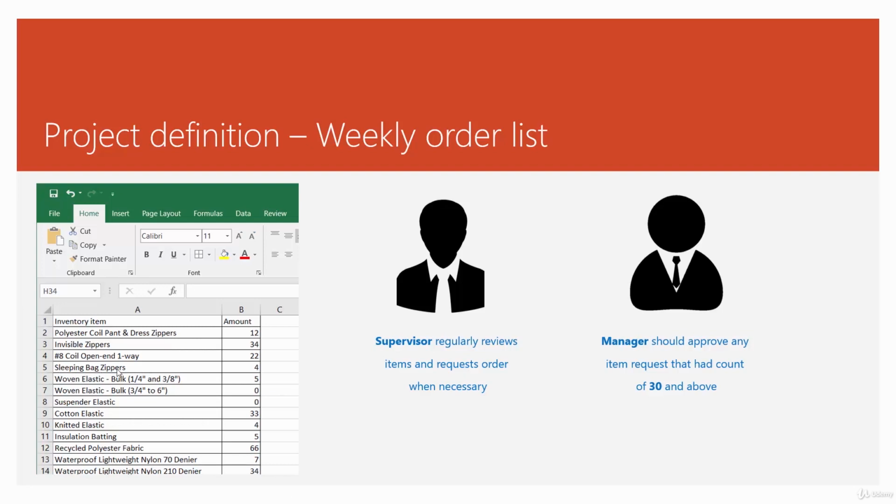It should be automatically added to the order list. But if this guy all of a sudden requests 100 sleeping bag zippers, the manager should approve it. The rule is simple. If the number of items that the supervisor requests is 30 and above, it requires manager approval. Otherwise, it will automatically go to the weekly shopping list.